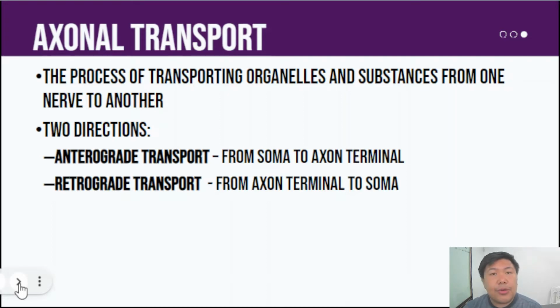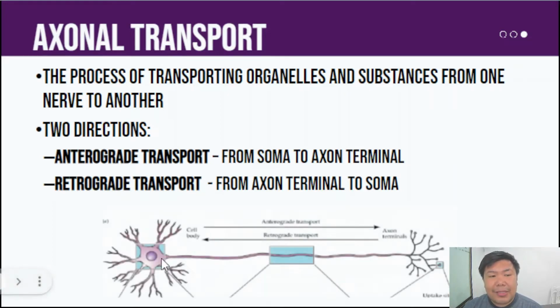Iba pa ito sa ability ng axon to transmit signals. Okay? Iba pa po yun. And axonal transport can occur in two ways, no? As mentioned, meron tayong two directions, anterograde from the cell body papunta ng axon terminal or from the axon terminal papunta ng cell body, and that's what we call retrograde.